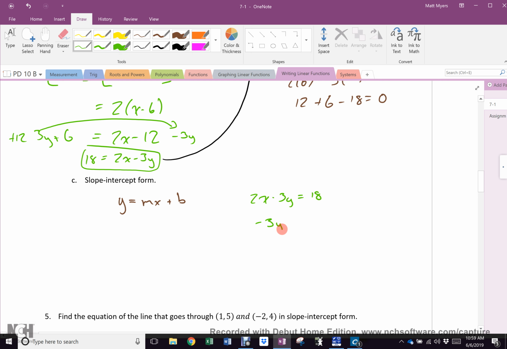So negative 3y equals negative 2x plus 18. y equals 2/3 x minus 6. Now, if you wanted to distribute, it's no problem.